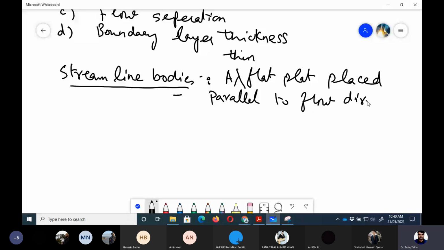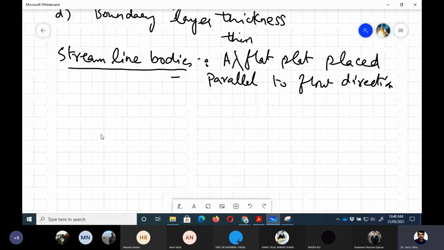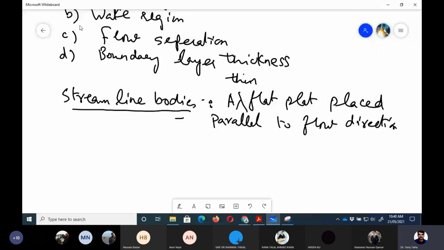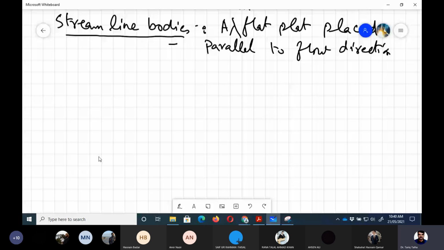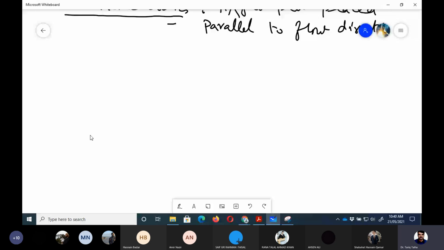Let me show you how these properties, A, B, C, D, change when we increase the speed of flow. For that, I am going to put a picture here. Just hang with me for a while, and I will explain it.